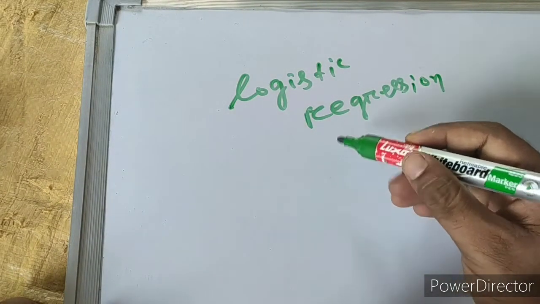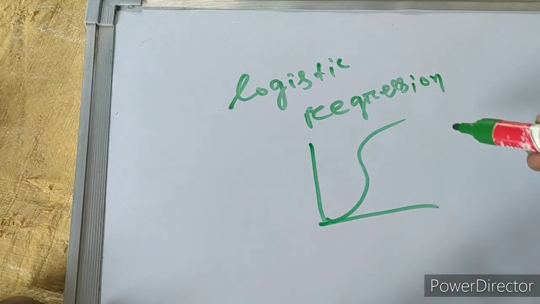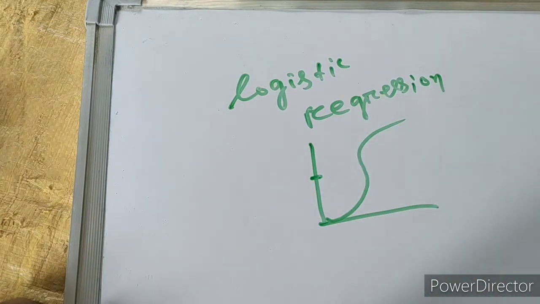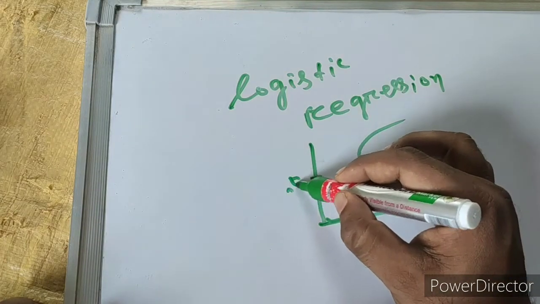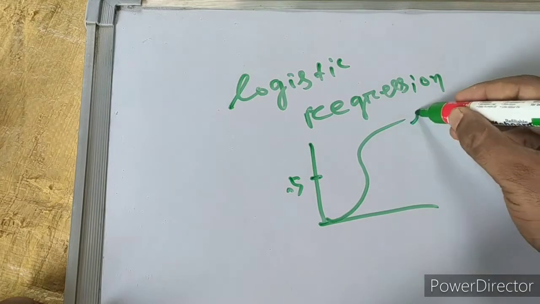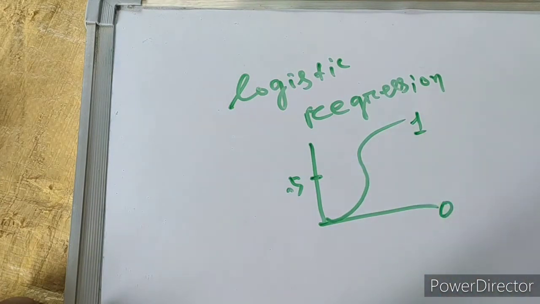When binary classification is happening, a sigmoid curve is made. Sigmoid curve means a particular threshold value is captured, suppose 0.5. If any value is more than 0.5, then it becomes 1. If the value is less than 0.5, it becomes 0.